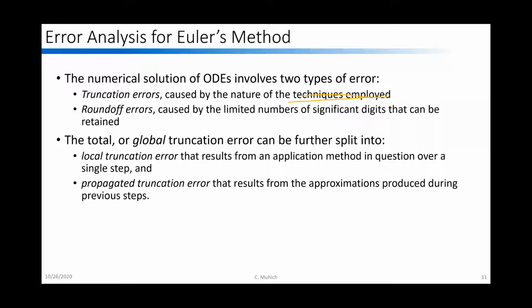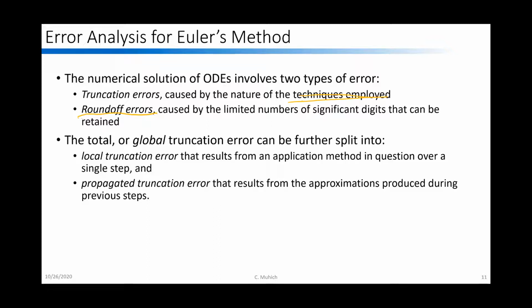Remember when we were talking about linear equations, by only keeping track of a certain number of digits, we end up with round-off error. Well, this can come back here. We can't really control that beyond telling the computer how many digits we want to keep track of. Truncation error, though, is what we can control by selecting a proper step size.